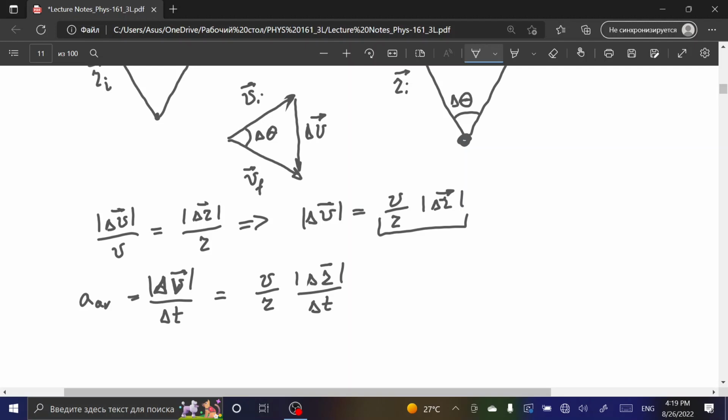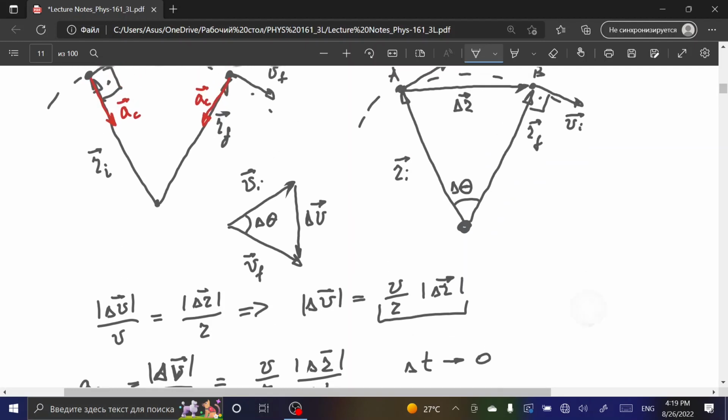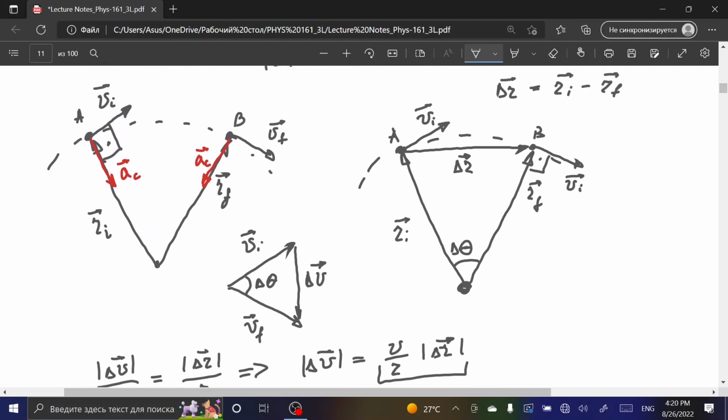So now, as we usually do, let us assume that delta t is approaching 0. So if delta t approaches 0, it means this time interval between the two positions which we consider approaches 0, then this object didn't have much time to move far. It means that this angle delta theta should also approach 0, and the final position vector should approach the initial position vector.